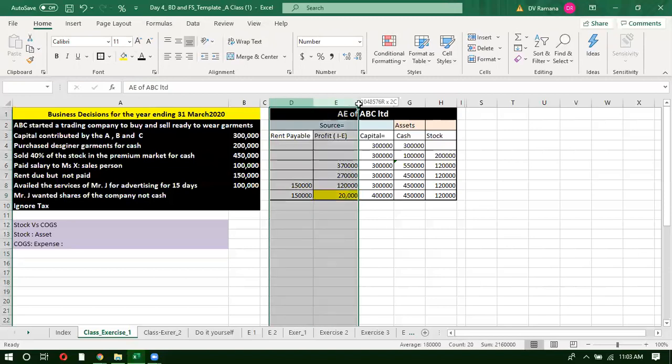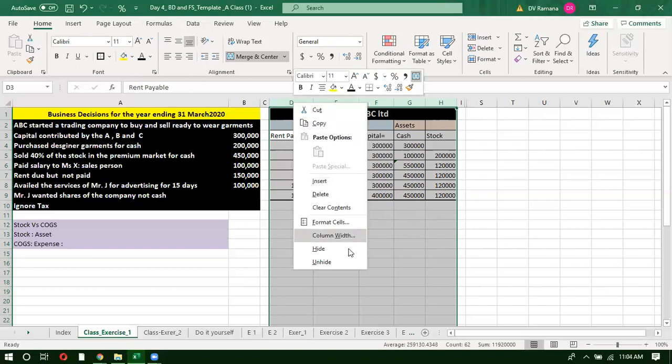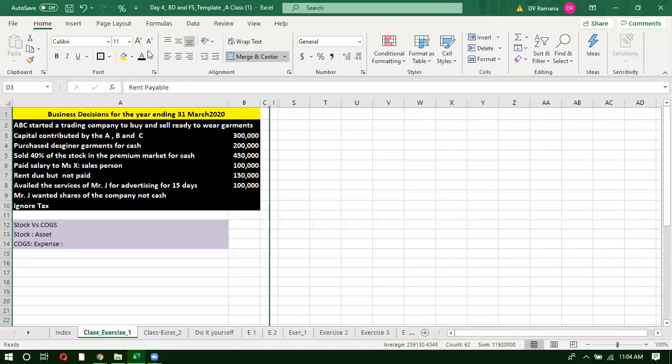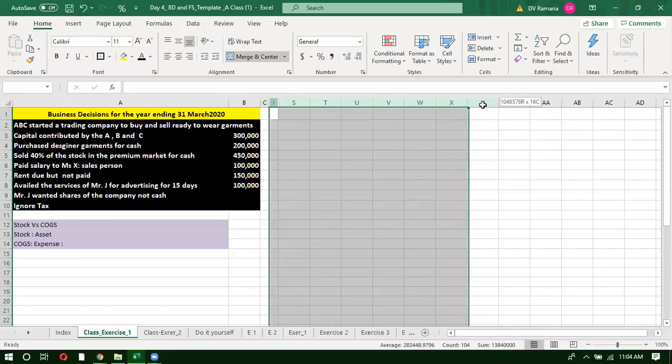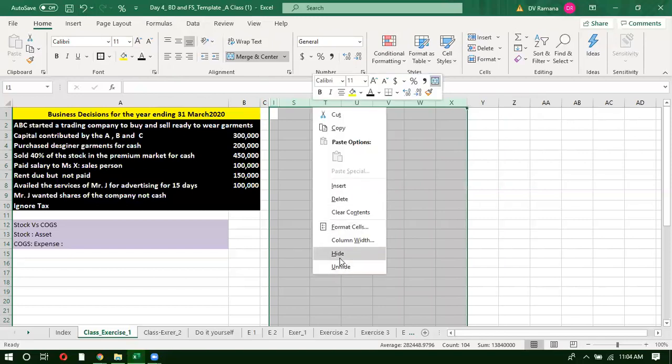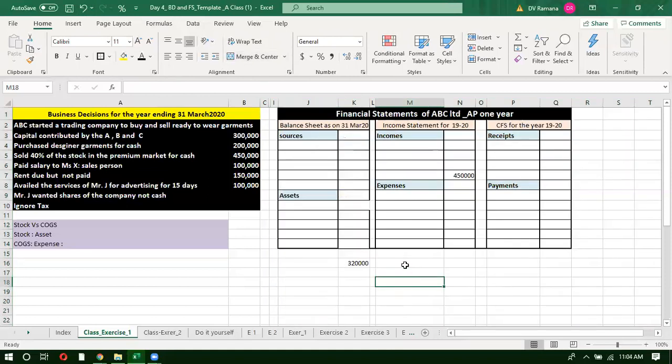Now, if we convert the same transactions into financial statements, you'll get the same profit, okay? The determination of profit will happen by preparing the financial statements too. So let us hide the accounting equation and unhide the financial statements.